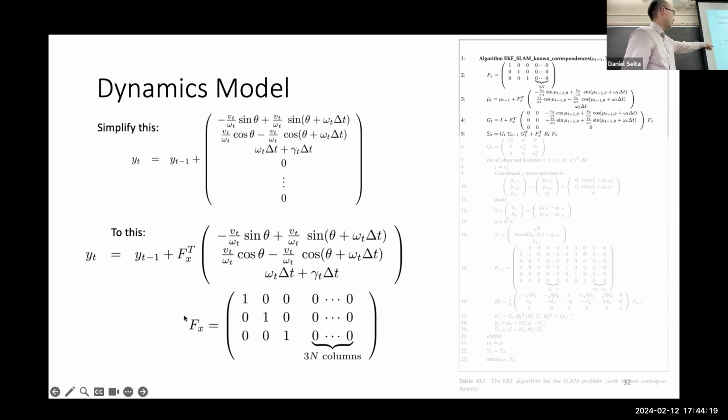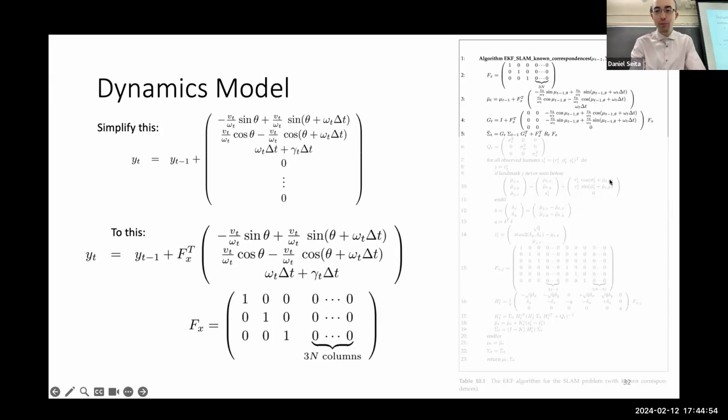You just have fx, which is the matrix of size 3 rows and 3n plus 3 columns. Then you transpose this so that it's 3n plus 3 by 3, and then this thing is 3 by 1. So the matrix algebra works out, and you get a 3n plus 3 vector.